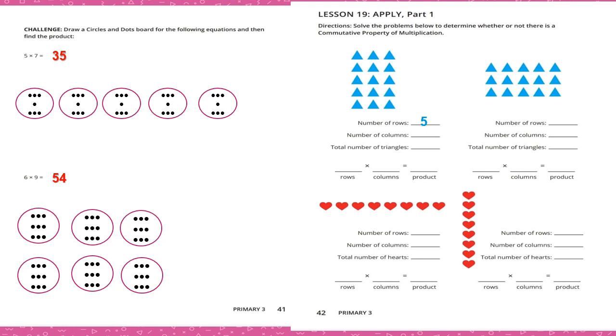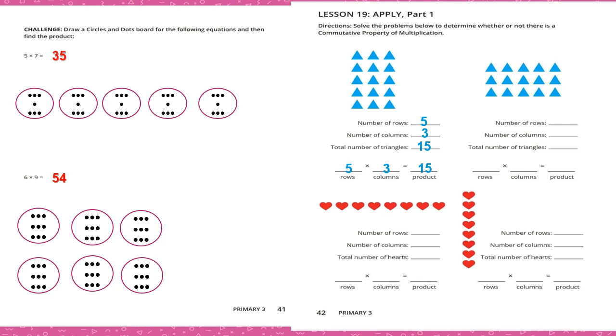So, we have 5 rows here. What is the number of columns? 3 columns. If I want to find the total, I can multiply rows times columns. 5 times 3, 15. So the total number of triangles is 15.